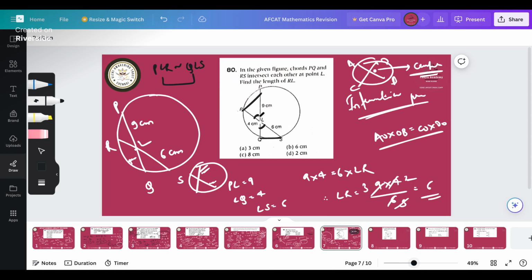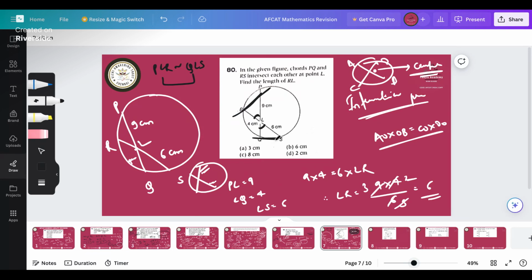So basically, what happens in the majority of the cases is that RP and QS are parallel.